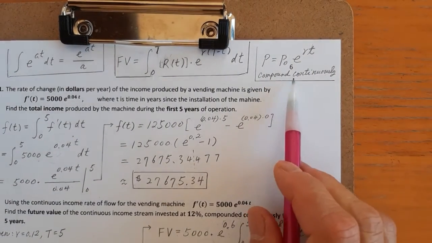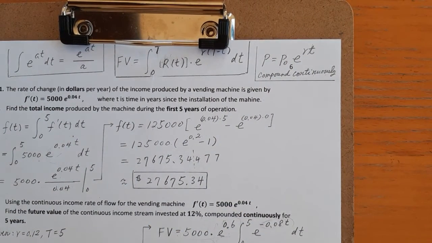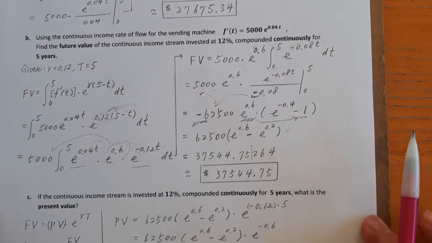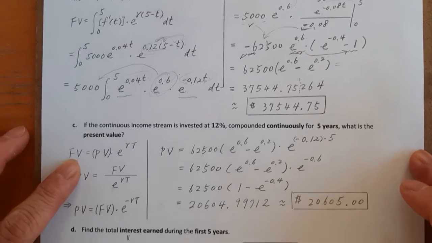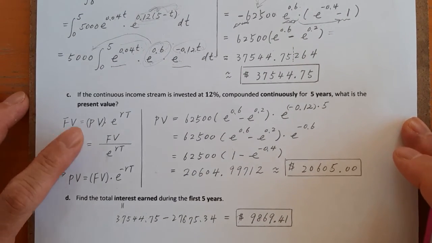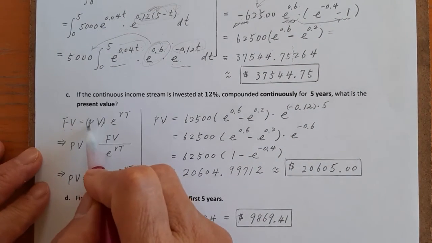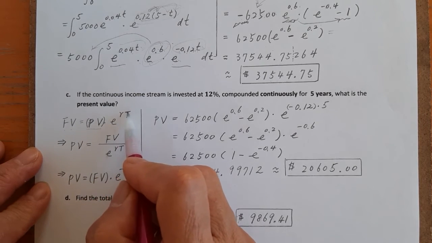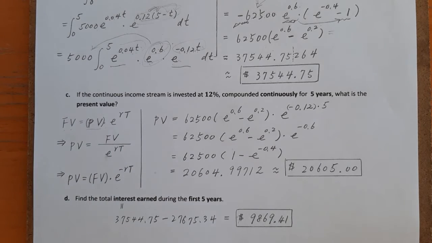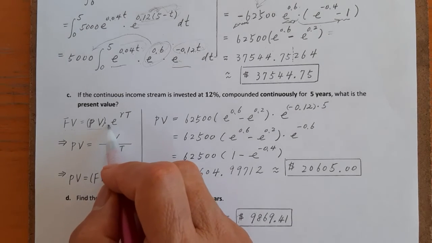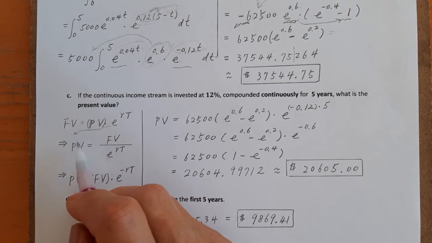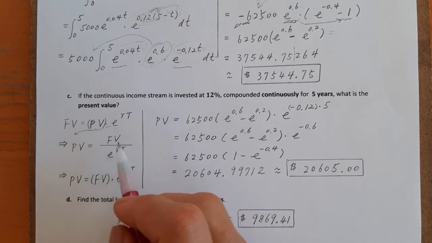So use this formula. So future value equals present value times e to the power RT, capital T. So then you divide by e to the power RT and you will get the present value.